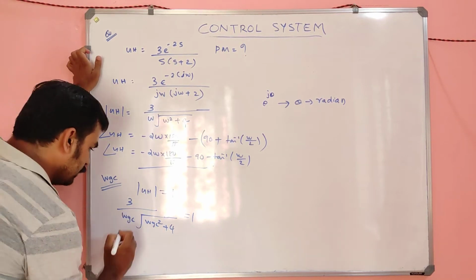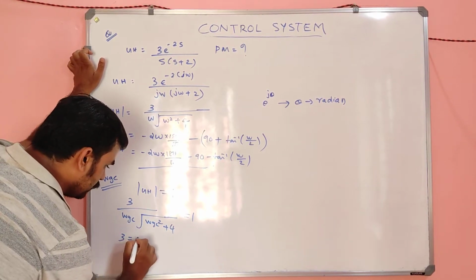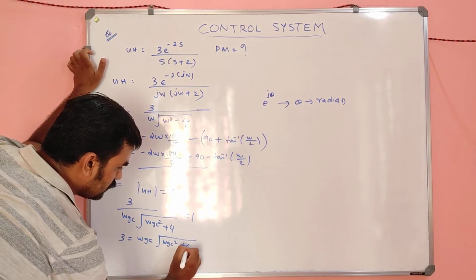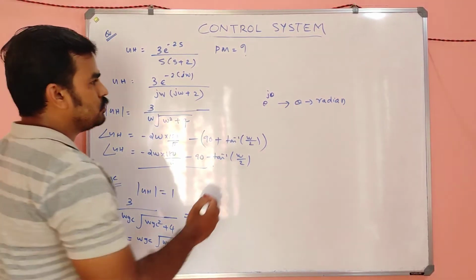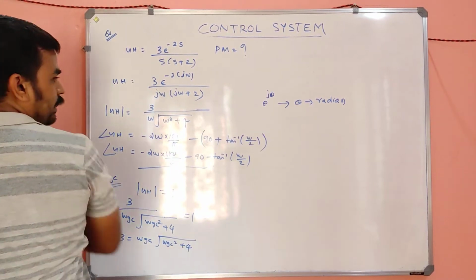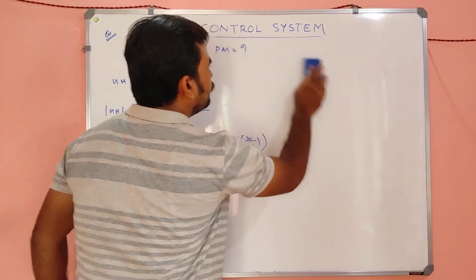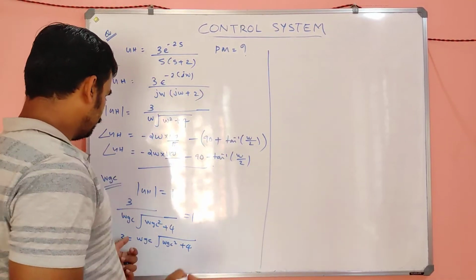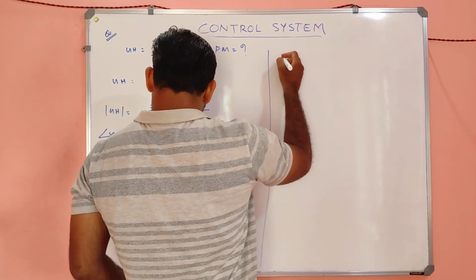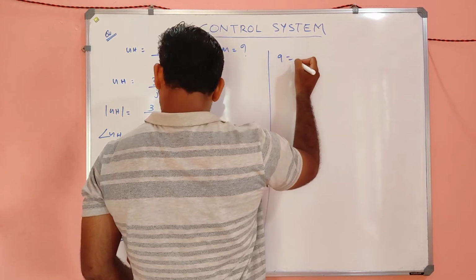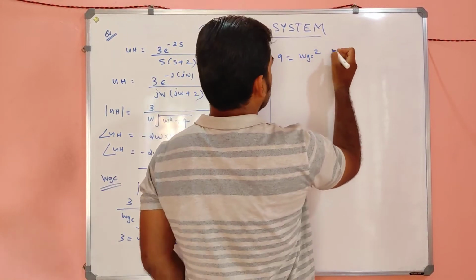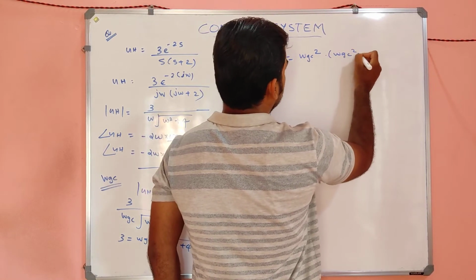So 3 equals omega GC root of omega GC square plus 4. Squaring both sides of the equation, you will get 9 equals omega GC square into omega GC square plus 4.